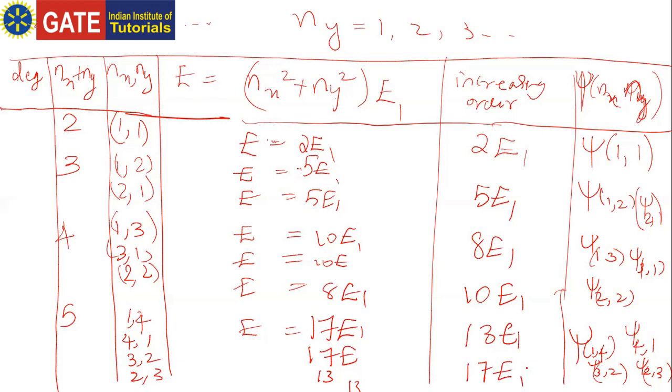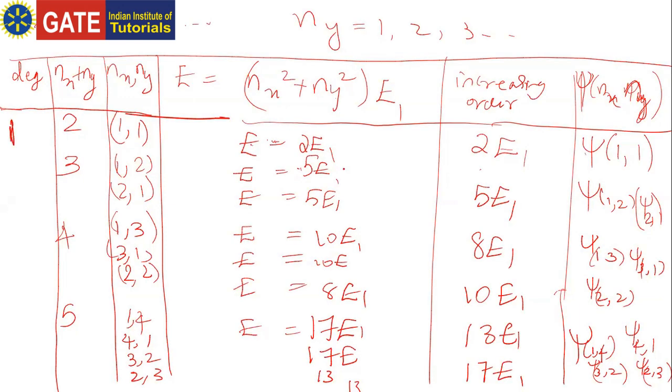Now we are going to write the degeneracy. Only one state has energy 2E1. Therefore, 2E1 has 1, 5E1 has 2 states, 8E1 has 1 state, 10E1 has 2 states, 13E1 has 2, and 17E1 has 2.